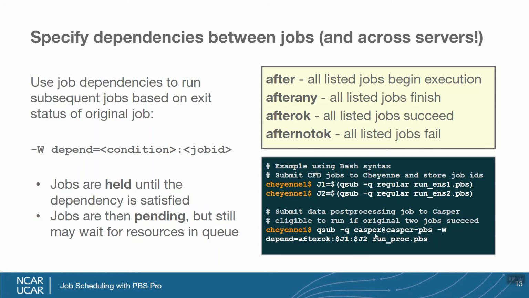And since I'm on Cheyenne, I need to do Casper at casper-pbs. And I give it this dependency. I say, after those ensemble members have succeeded, there's the 2 job IDs, then run this post-processing script. But it will only happen if those original 2 jobs finish with an exit code that is 0. That's how programs generally indicate that they have successfully completed.